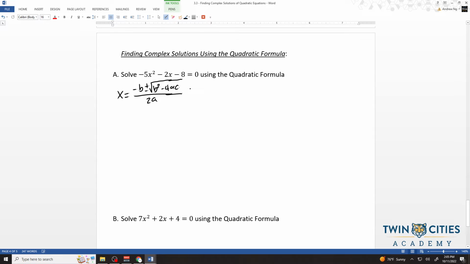So let's start there. A equals negative 5, B equals negative 2, and C equals negative 8. If I just do the discriminant, B squared minus 4ac, this would be negative 2 squared minus 4 times negative 5 times negative 8.